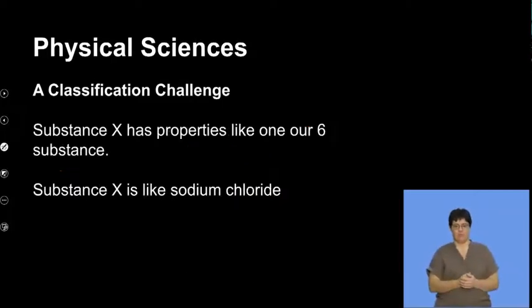Now, we're onto something here. Now, we are saying that substance X has the properties like the NO 6. Then we are saying that after eliminating 5 of the possible 6 options, we're left with only one option, which is sodium chloride. Then it simply means to us that X is indeed sodium chloride. But how exactly did we arrive at that?